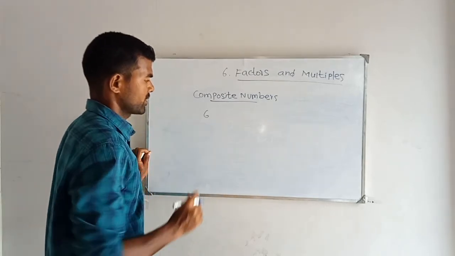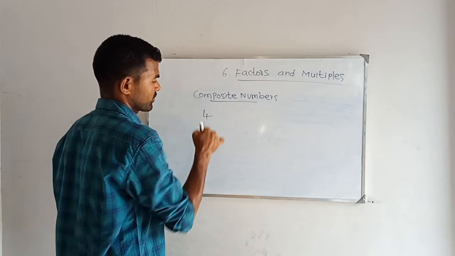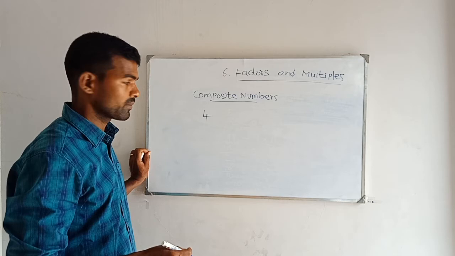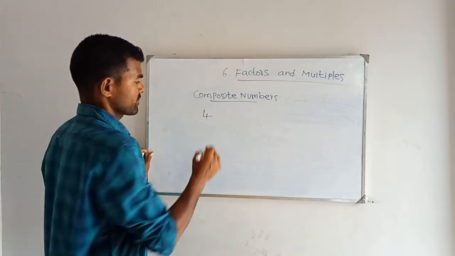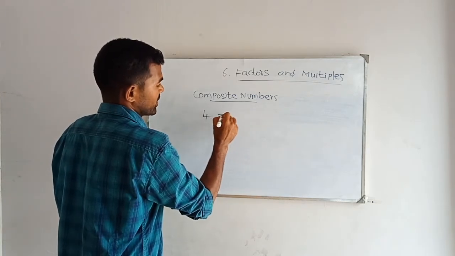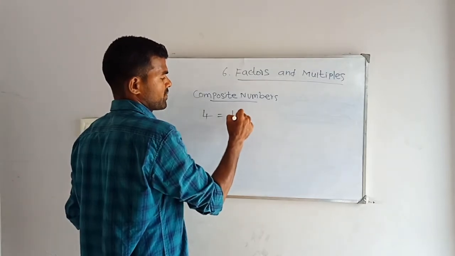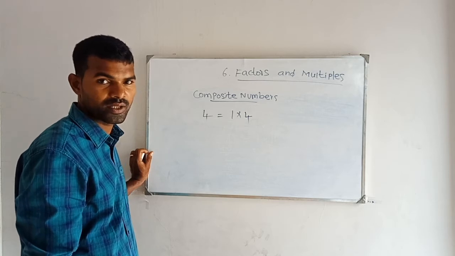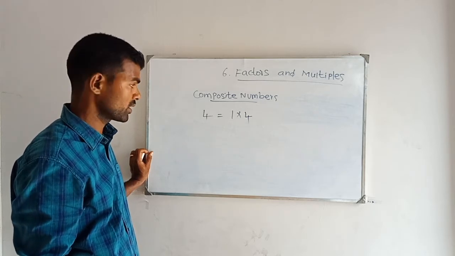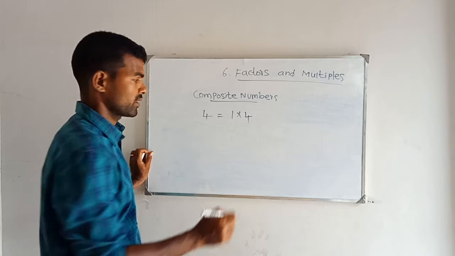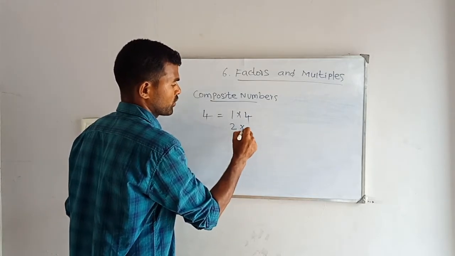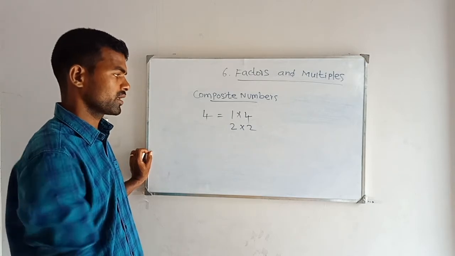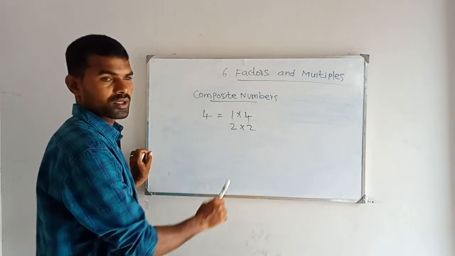Let us take 4. How many factors does the number 4 have? 1 multiply 4 is 4. Then if you take any other two numbers and multiply, are we getting 4? 2 multiply 2 is 4.